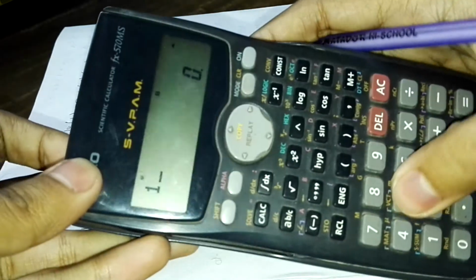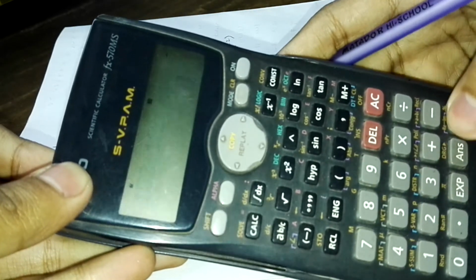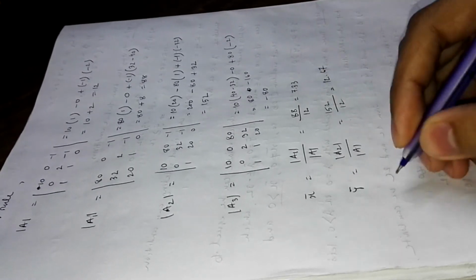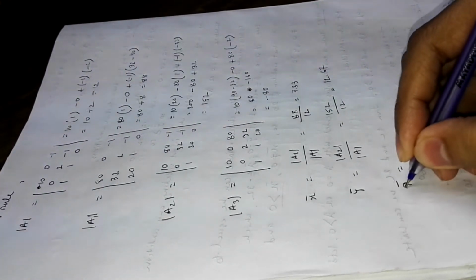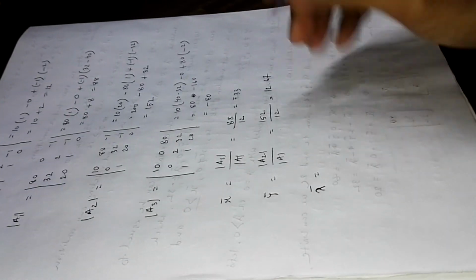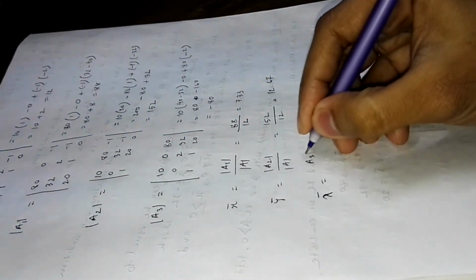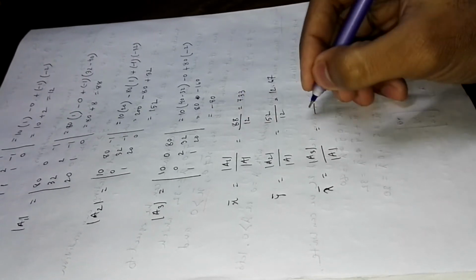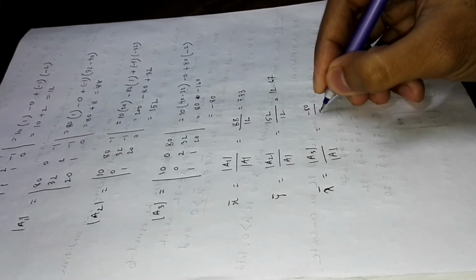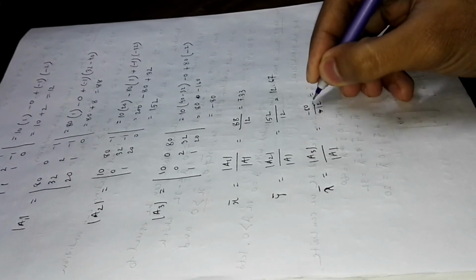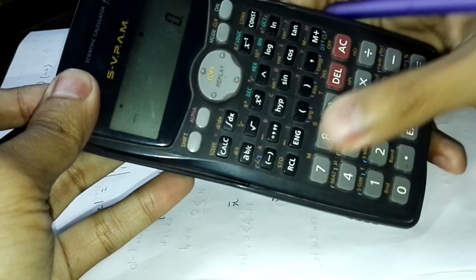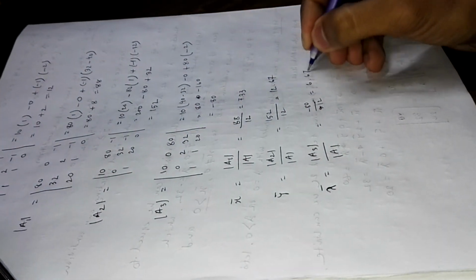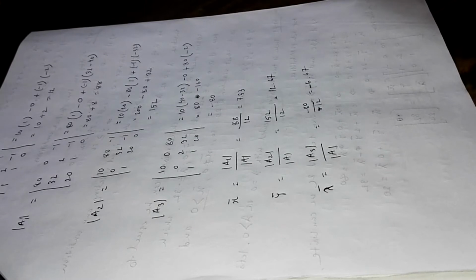That's saying 12.67. And in case of lambda, it's A3 divided by A, which is minus 80 divided by 12. So 80 divided by 12 is 6.67, and there is a negative sign.